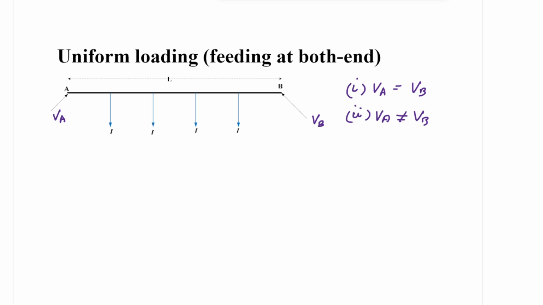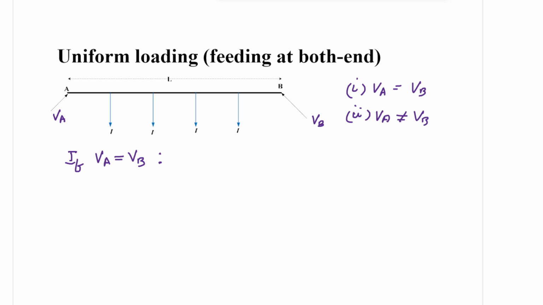Now if VA is equal to VB, that means if both the voltages are equal, then what will happen? Let us check. The minimum voltage will occur at just the midpoint.